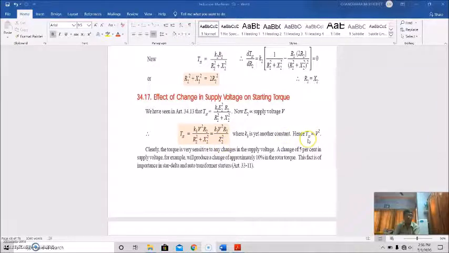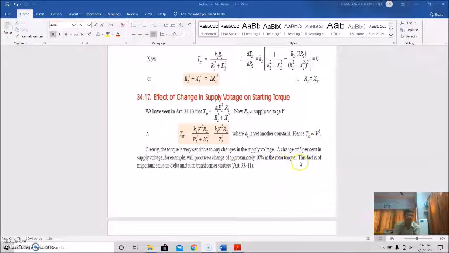So in actual case, torque is very sensitive to any changes in the supply voltage. Since torque is proportional to the square of supply voltage, any small change will affect the starting torque. A change of 5% in the supply voltage, for example, will produce a change of approximately 10% in the rotor torque.